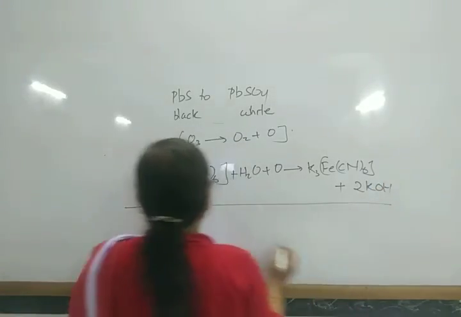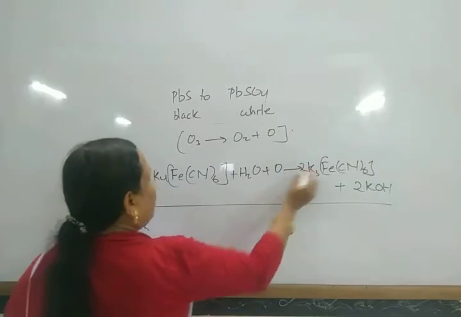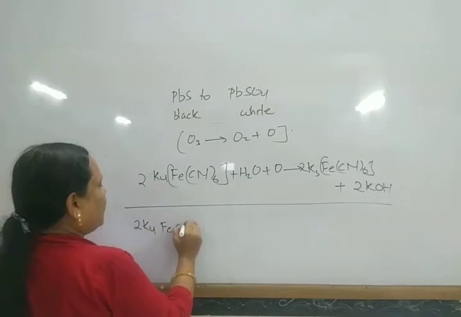So in this way the reaction is 2K4Fe(CN)6.